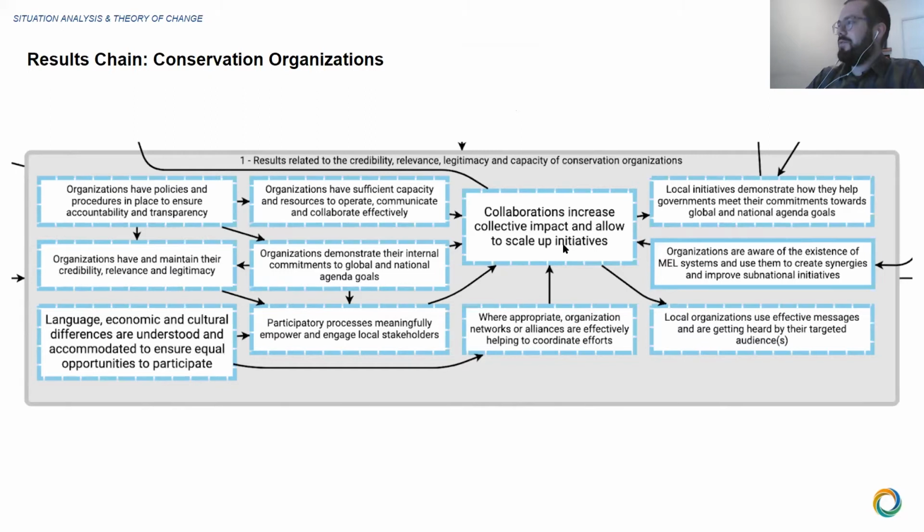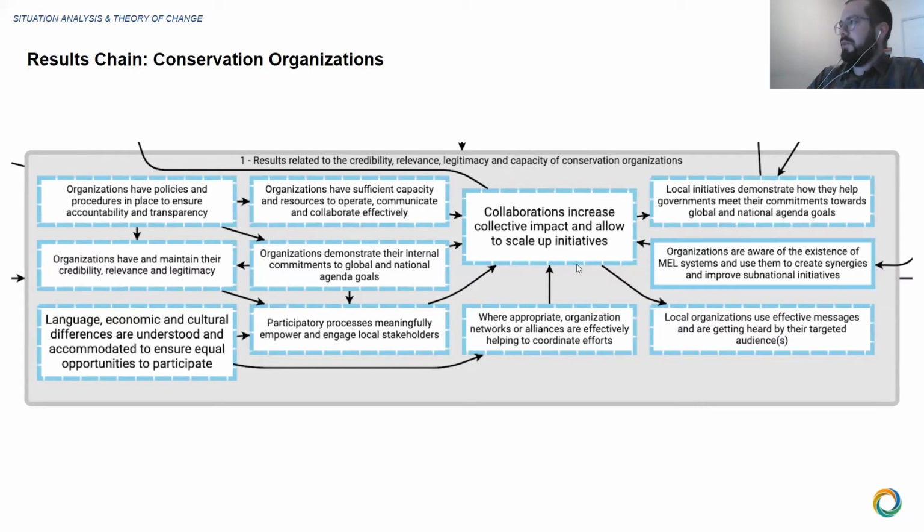The prioritized items are the ones where you see the text is larger. So this one here was deemed most important.